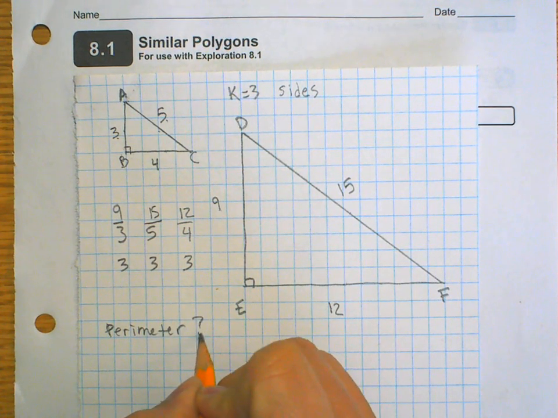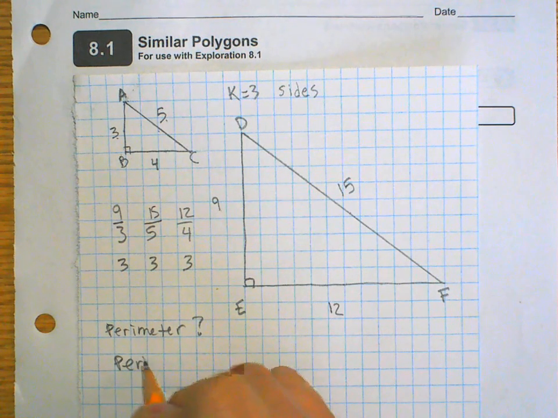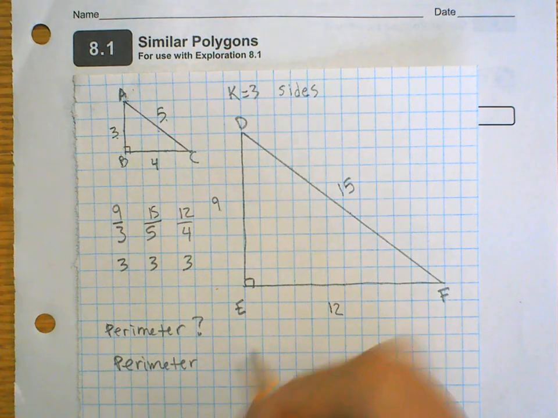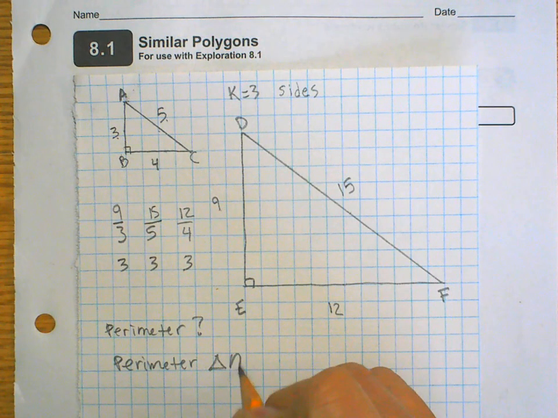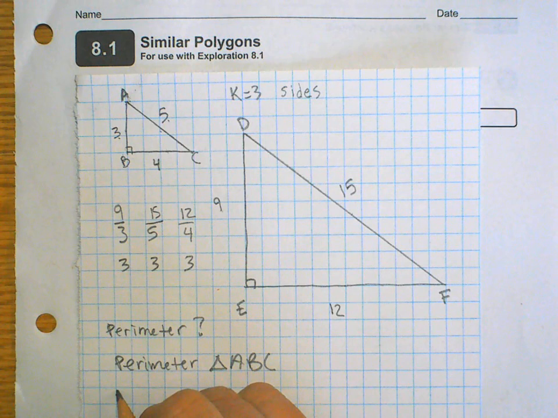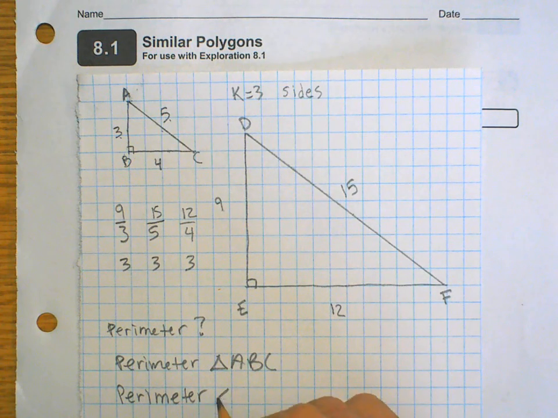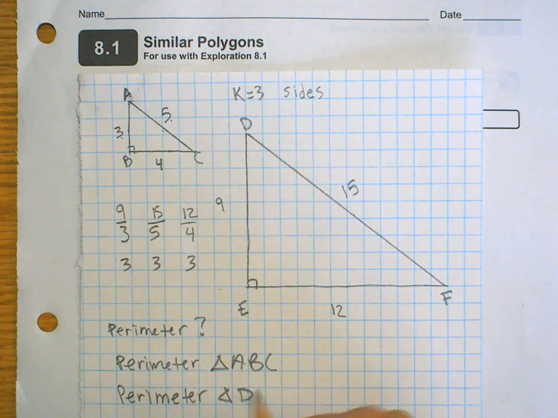What about the perimeter? So if I look at the perimeter of triangle ABC, and then look at the perimeter of the other triangle, what are we going to notice? Okay, triangle DEF.